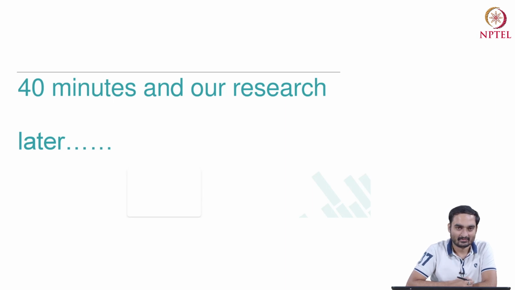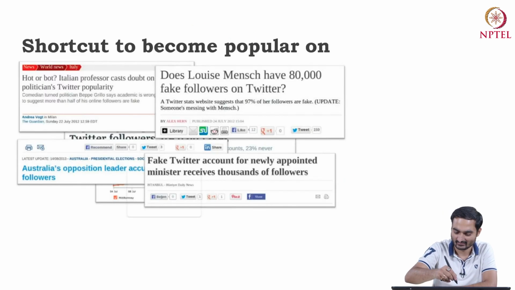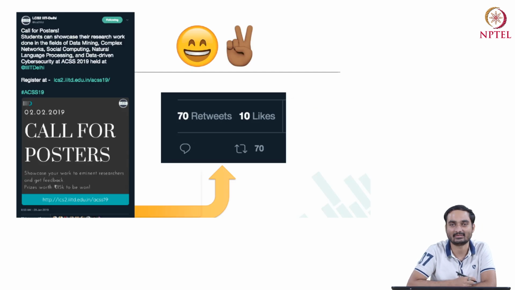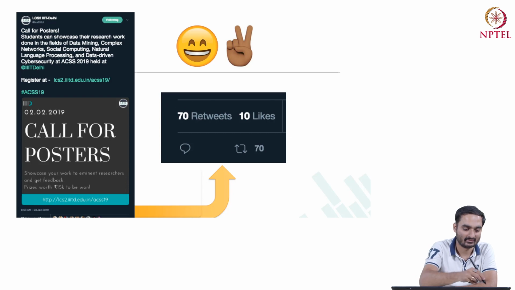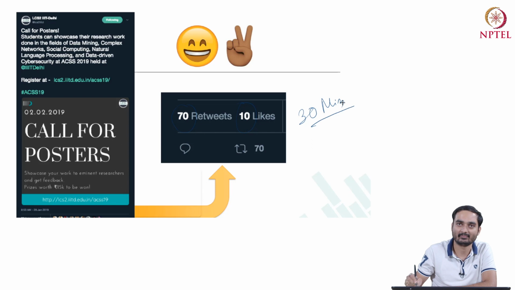But nevertheless, I knew the secret, because I was working on analyzing collusive activities in online social networks, and I just applied the tricks, and look what happened after 30 minutes. Within 30 minutes my tweet got boosted by 70 retweets and 10 likes. And this happened just within 30 minutes of applying my tricks.